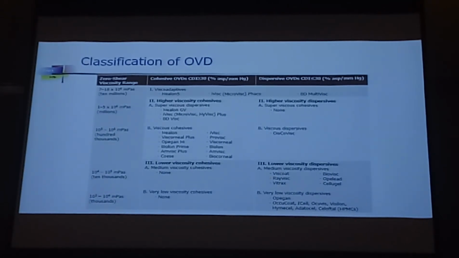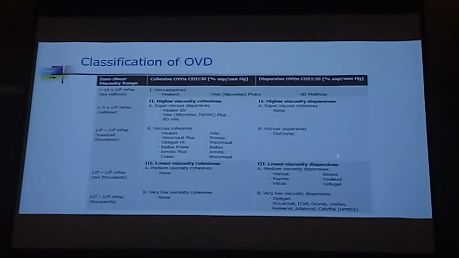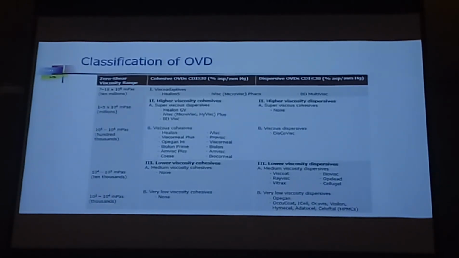First, up there, there's the visco-adaptive, which is one class. Then there's still dispersive, cohesive, and dispersive. But the dispersive has now split into higher viscosity dispersive, like Discovisc, and lower viscosity dispersive, like Viscoat. Of course, the cohesive has a big chunk there. The Healon family belongs mainly there.